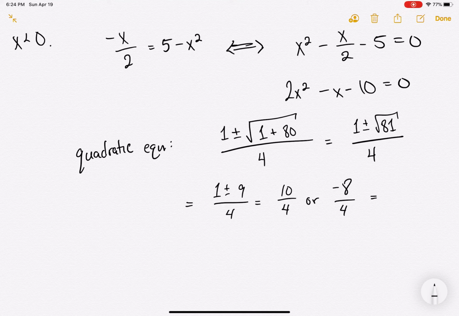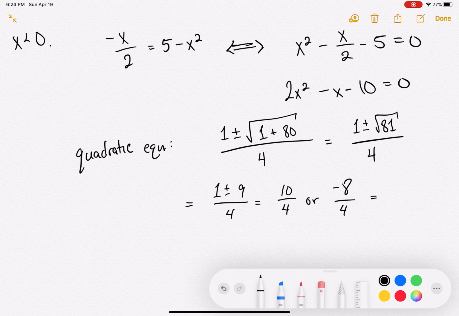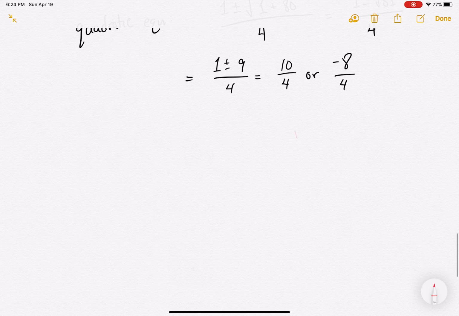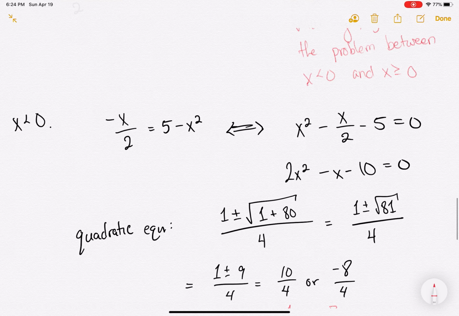So which one of these is true? This is a good question for you guys right now. Which one of these two numbers is true? Think about it for a bit. I'm going to scroll up.